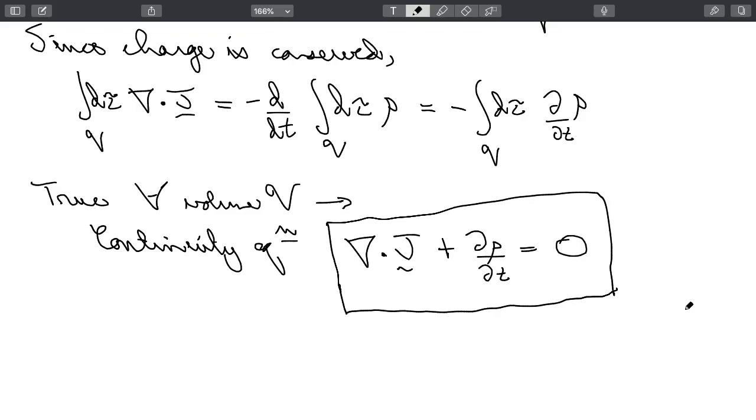You can apply it to lots and lots of things, to a fluid or a gas, if you measure the number of atoms somewhere, whatever density you have, for which there exists a conservation law, namely a quantity that is not dependent on time, in this case here, total charge.